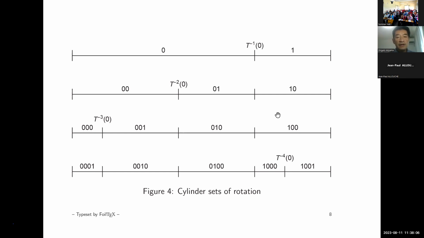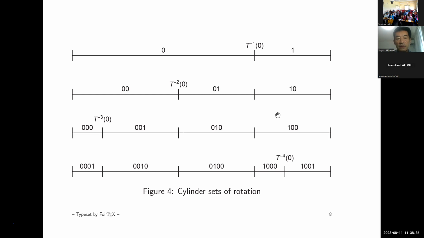Okay, and then we put T inverse of 0. In the symbol space, this is a set of discontinuities. Then we go ahead by T to the minus 2 of 0, T to the minus 3 of 0, then T to the minus 4 in this way. So this picture is important to understand my lecture today.